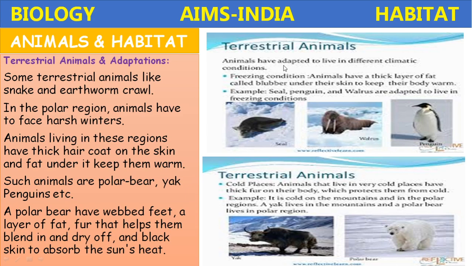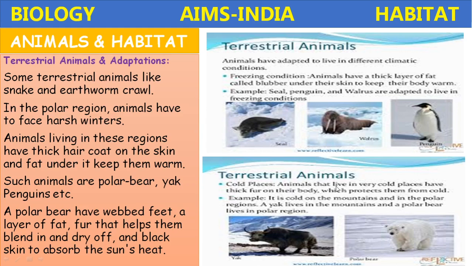The animals have adapted to live in different climatic conditions. For example, in freezing conditions, the animals have a thick layer of fat called blubber under their skin to keep their body warm. For example, seal, penguin, and walrus are adapted to live in freezing conditions.